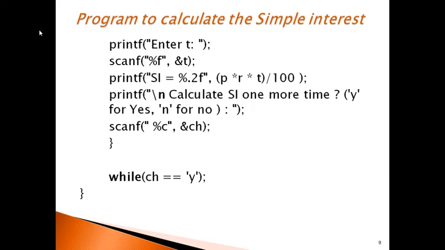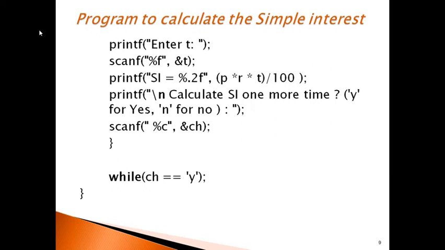Printf, calculate simple interest one more time, enter y for yes, n for no. If the user entered y, again the process is repeated, because these block of statements are written in the do while loop.